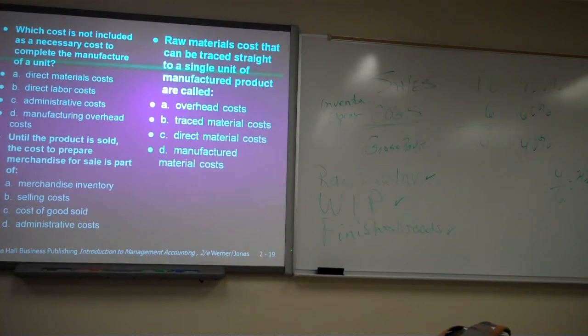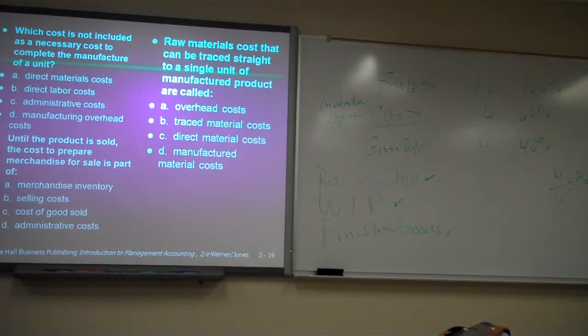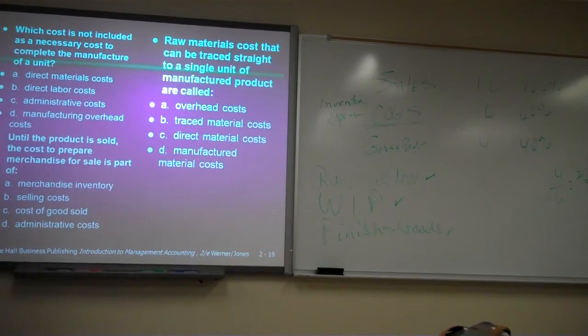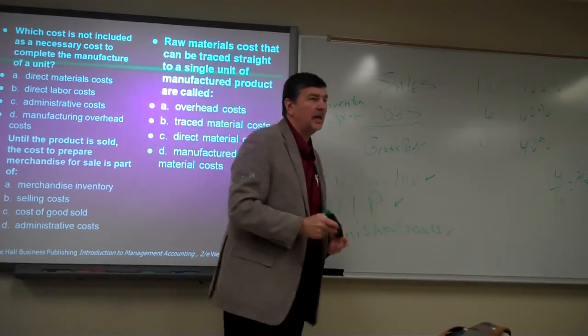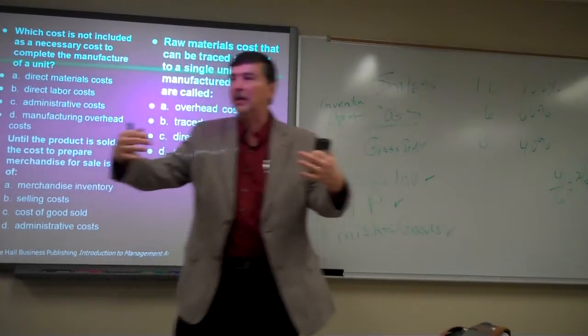Until the product is sold, the cost to prepare merchandise for sale is part of what? Merchandise inventory. Everybody got that? It's sitting on the balance sheet saying, hey, sell me, sell me. I'm here, buy me. Once you buy it, where does it go? It transfers to the income statement. You see, the balance sheet is a big holding pen.